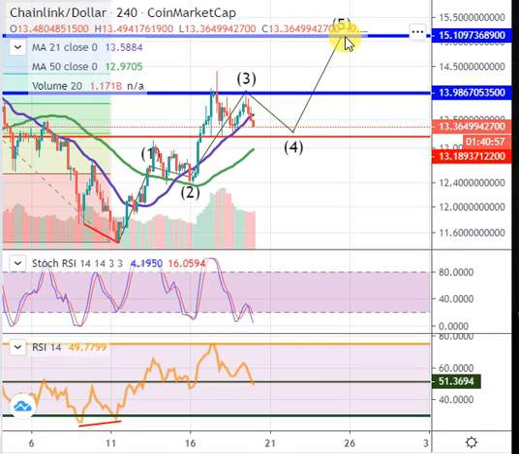I believe we have a kind of correction after this wave five. After looking at what has been happening in Bitcoin, I believe that by this $15 Chainlink, Bitcoin might be going for 25, 26,000. Saying 25 is being conservative. I believe we might be looking at 26, 27,000.